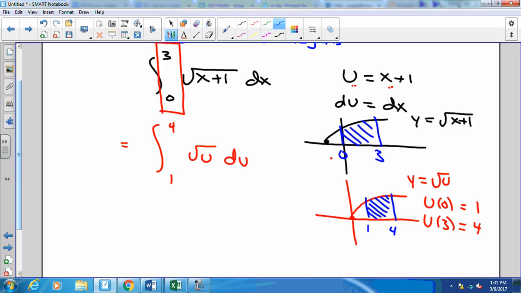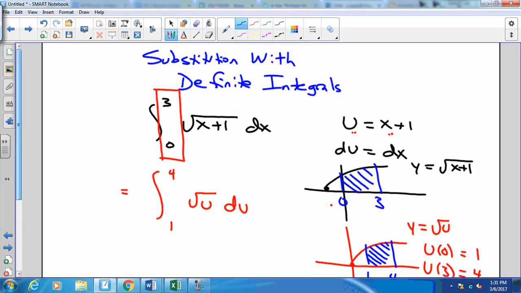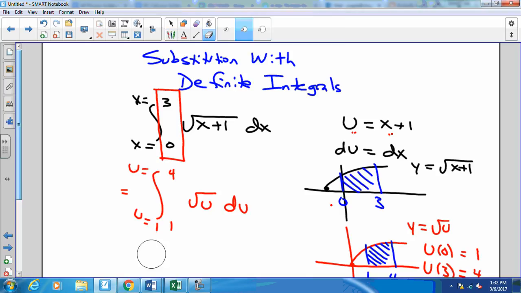So that the limits that correspond to x equals 0 and x equals 3 are the corresponding u values u equals 1 and u equals 4. In other words, when I go substituting, I have to substitute everything in terms of u, including the limits of integration. They have to be u values and not x values.